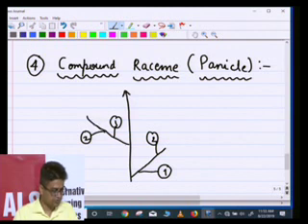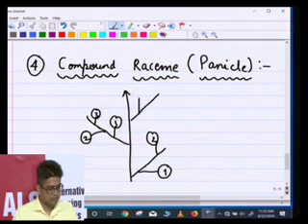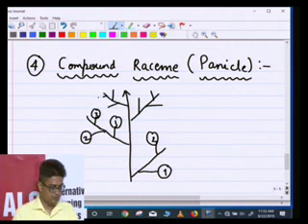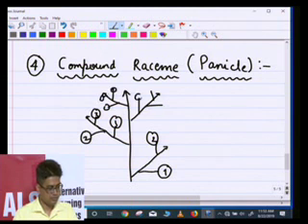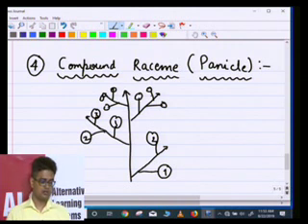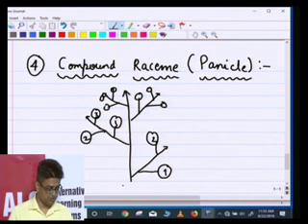There may be a third flower also like this. 1, 2, 3 and 1, 2, 3. So these are bearing their own branches. Alright. So this is called compound raceme or panicle.